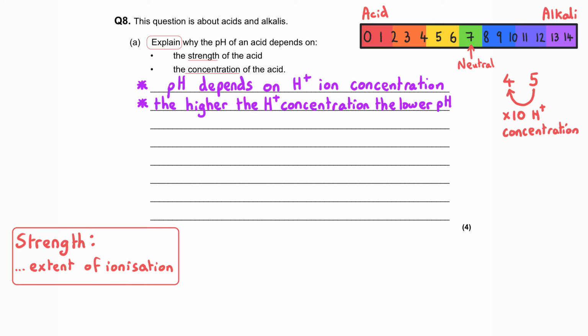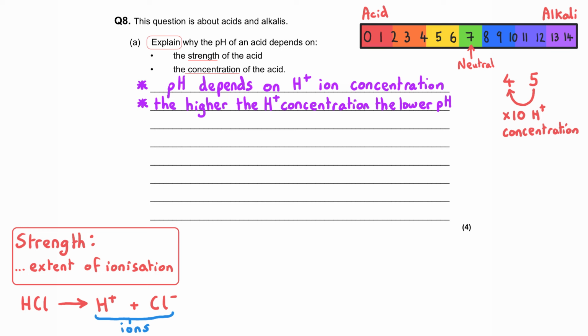The strength of an acid or an alkali is in fact related to the extent of ionization of the molecule in solution. And so this means if we took an acid, for instance hydrochloric acid, it would ionize if we put it into water. And that means it would dissociate and fall apart into its component ions. And hydrochloric acid would dissociate into hydrogen ions and chloride ions.